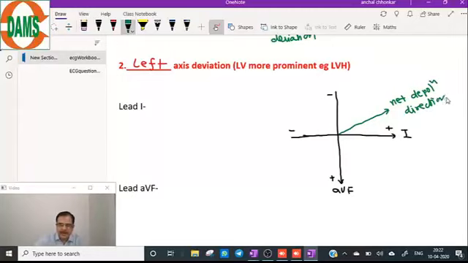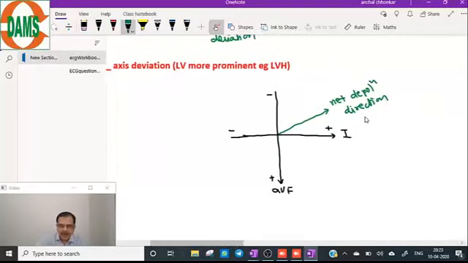The net depolarization direction will go towards the left shoulder side because the left ventricle lateral wall is getting hypertrophied. So this is the net depolarization direction in left axis deviation.